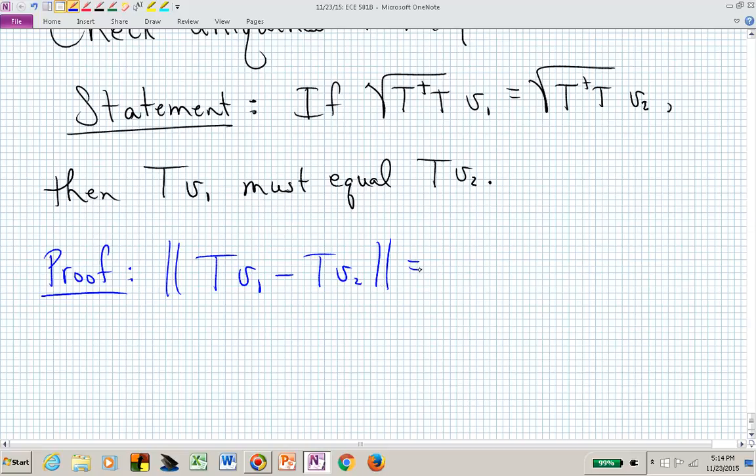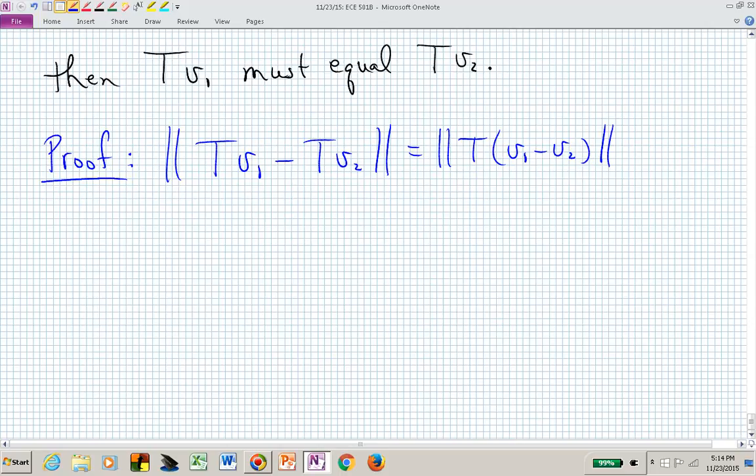But T we assumed was a linear operator. Meaning we can now combine v1 and v2 algebraically before we operate on those with T. And what do we know about T operating on a vector relative to its norm? And the norm of the square root of T dagger T. It's preserving the norm, so now we have this is the norm of v1 minus v2.